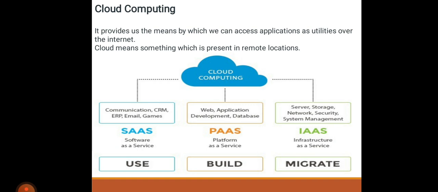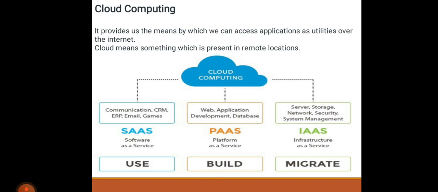Next one is the SaaS service, that is software as a service. It is the way of delivering applications over the internet as a service. Instead of installing and maintaining software, you simply access it via the internet, freeing yourself from complex software and hardware management.